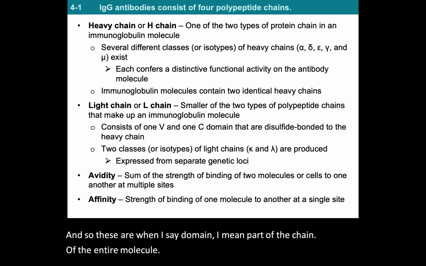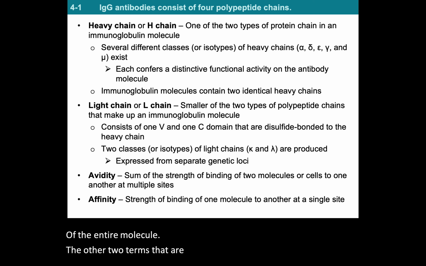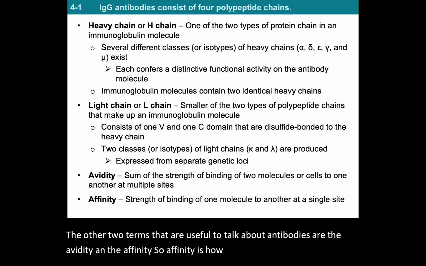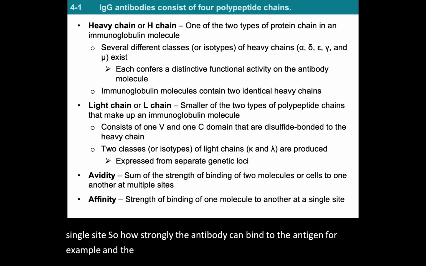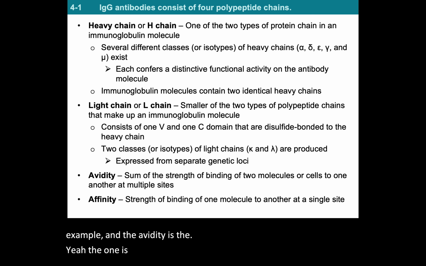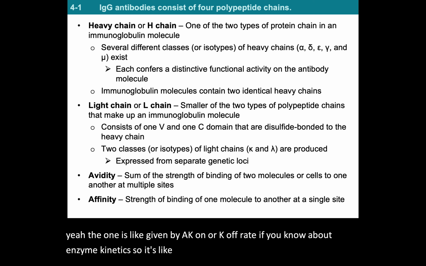The other 2 terms that are useful to talk about antibodies are the avidity and the affinity. Affinity is how strongly it can attach at a single site, so how strongly the antibody can bind to the antigen, for example. The other one is like given by a K on or K off rate, if you know about enzyme kinetics, so how quick it is to jump on.